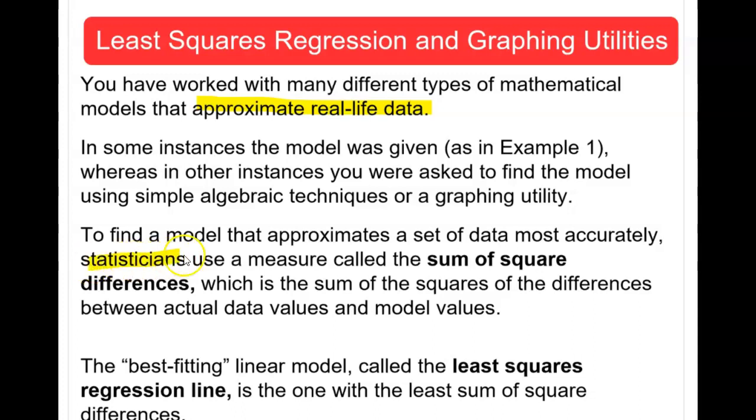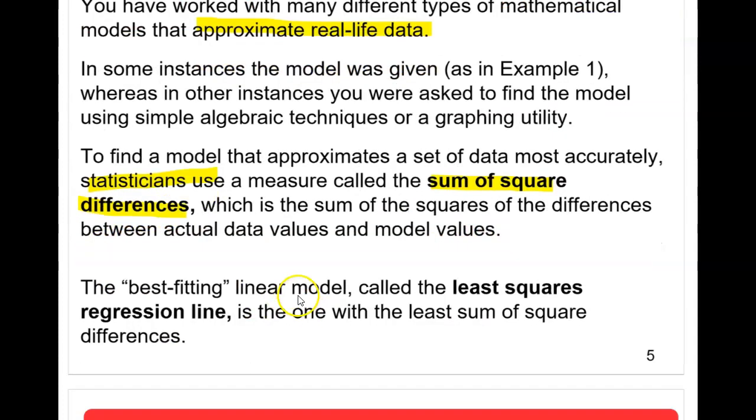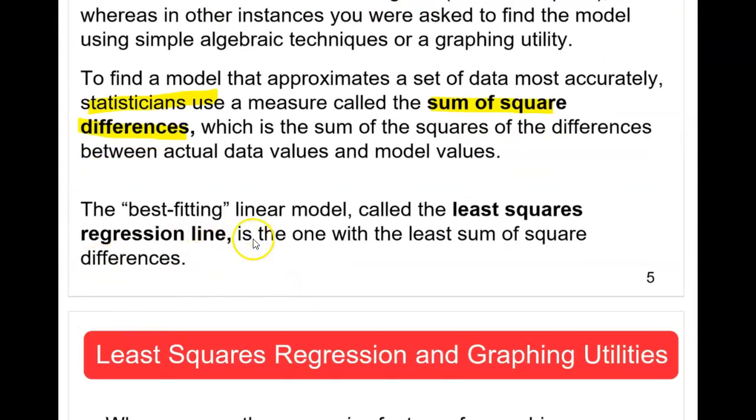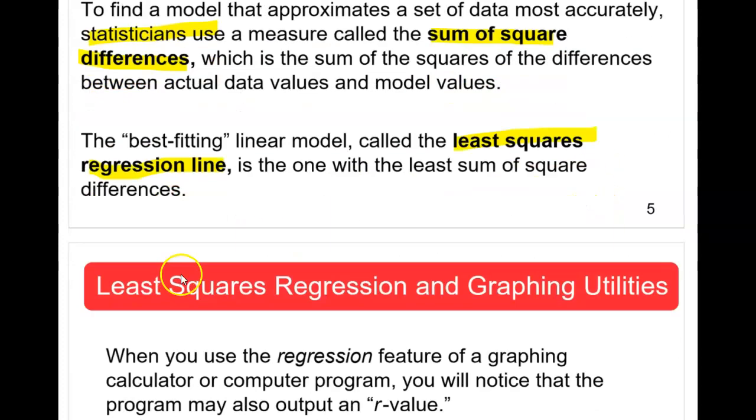The way that we call that process is the sum of square differences, which is the sum of the squares of the differences between the actual data values and the model values. The best fitting linear model, called the least squares regression line, is one with the least sum of square differences.